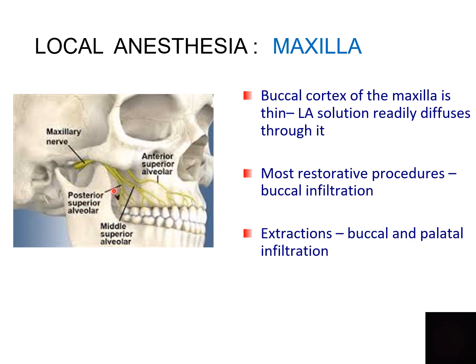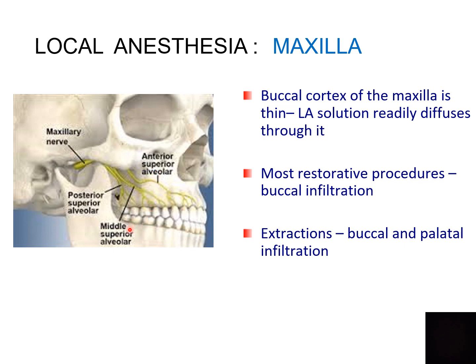The posterior superior alveolar nerve is a branch of the maxillary nerve in the pterygopalatine fossa, and from there it descends along the posterior border of the maxilla along the maxillary tuberosity and pierces the maxillary cortex to supply the pulps of the maxillary molars, excluding the mesiobuccal root of the upper six. The posterior superior alveolar nerves also supply the buccal cortex related to the molars, the buccal periosteum, and the buccal soft tissues related to the maxillary molars.